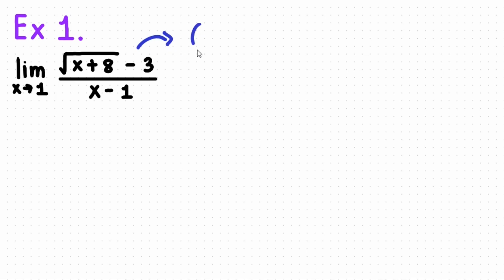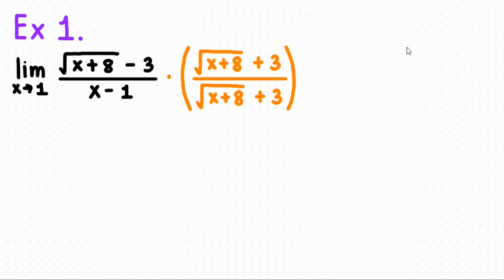Well, we can multiply the square root of x plus 8 plus 3. So this is the conjugate. So take note that when we change the sign out here, we refer to that expression as the conjugate. So upon doing that, we'll have here the square root of x plus 8 plus 3 over the square root of x plus 8 plus 3.